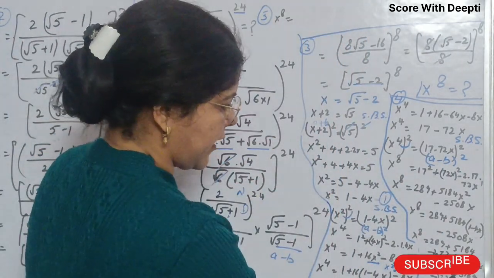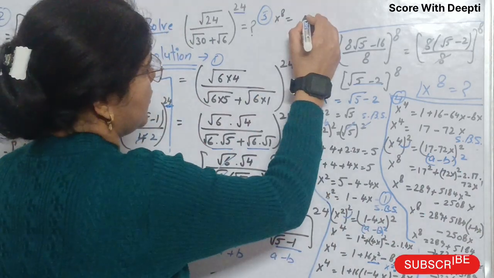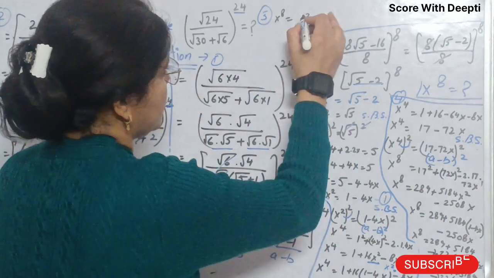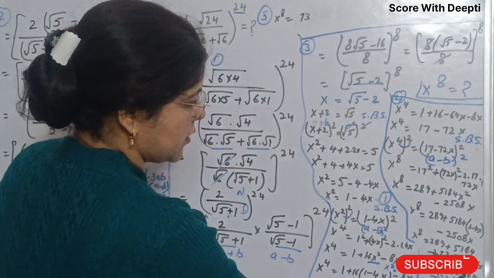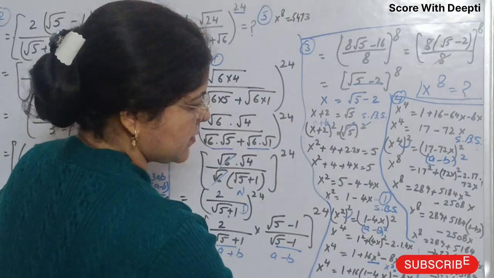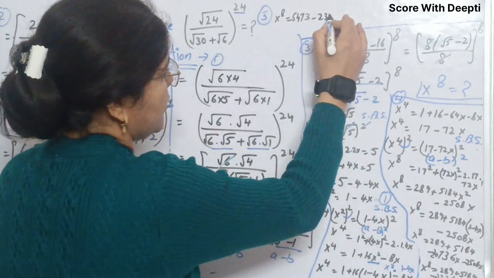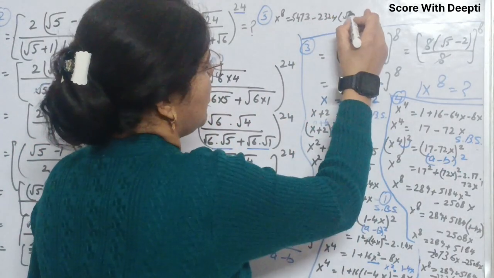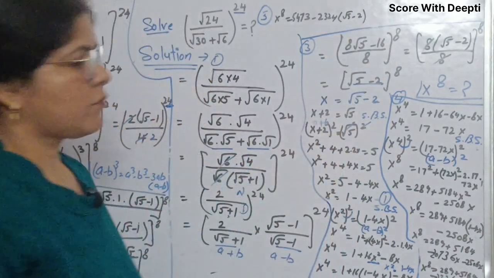we add these, first we add these and get 5473 and 5 as it is. Next minus 23184 into, in place of x we write square root 5 minus 2.